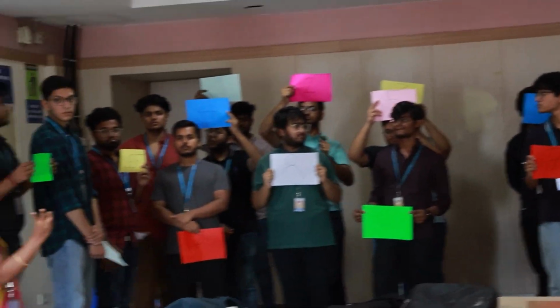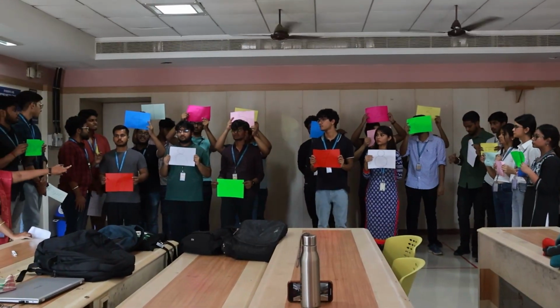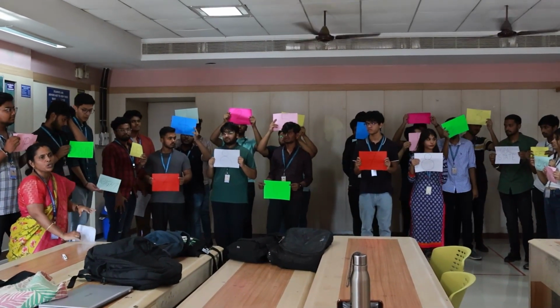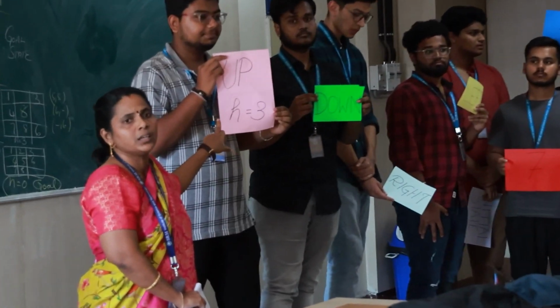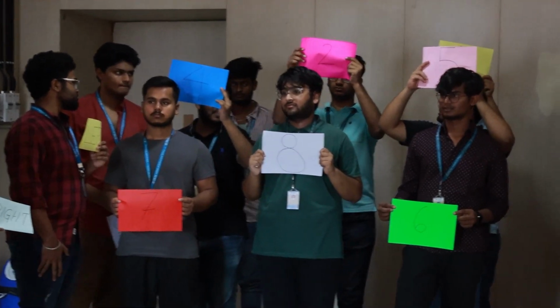Then 5 with 6, second heuristic mismatch. So 2 heuristic mismatches there. Then 7 with 7 same, 8 with 8 same, 6 with dash. So whenever you take up, you have a heuristic number of 3. Okay. Now you move back to your place.